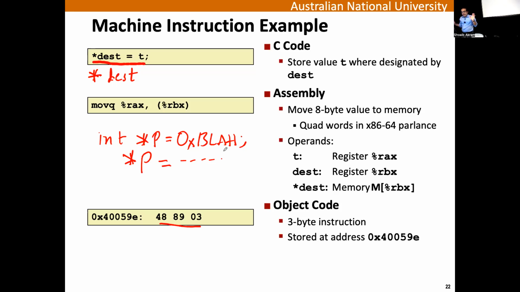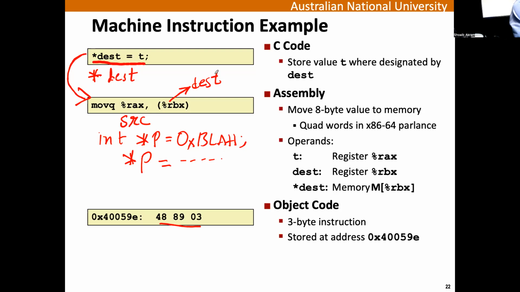Okay, so the assembly instruction, when the compiler transforms this C language statement to x86 assembly, what it is doing, this is the source. So the pointer is stored in RBX.